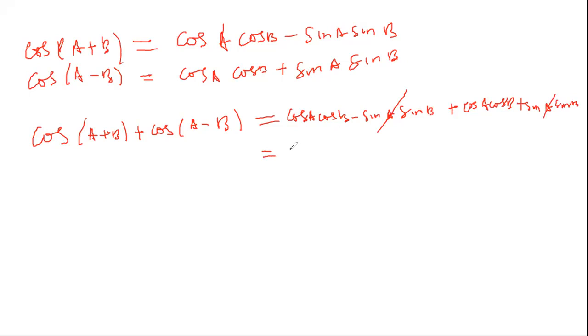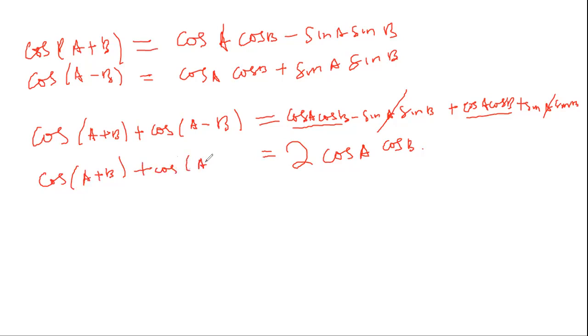We shall remain with cos A cos B plus cos A cos B, which gives us 2 cos A cos B. So that is equal to cos of (A plus B) plus cos of (A minus B).